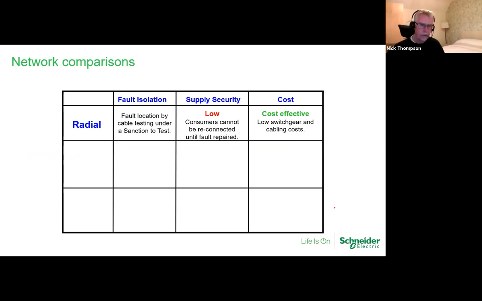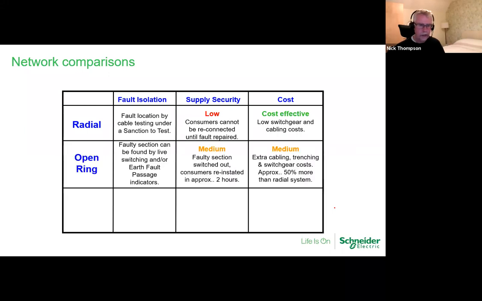We've got to find where the fault is, and that's going to be done under sanction, etc. And as I showed on my example, whilst we've got 3 substations, 2 of those substations would be out of action until we'd actually repaired the fault and then proved it was safe to re-energize. So that's one. And so you've got to appreciate that there are limitations on the radial.